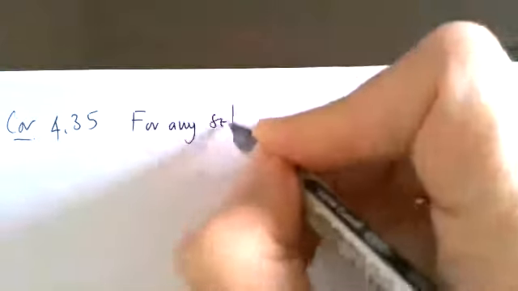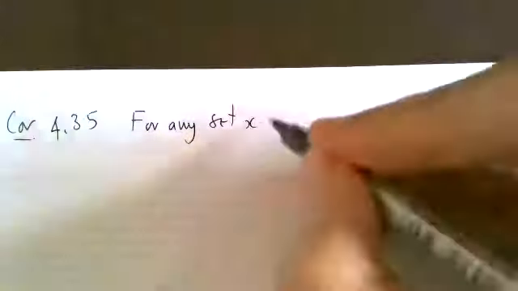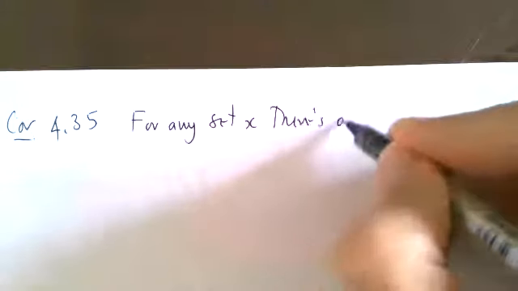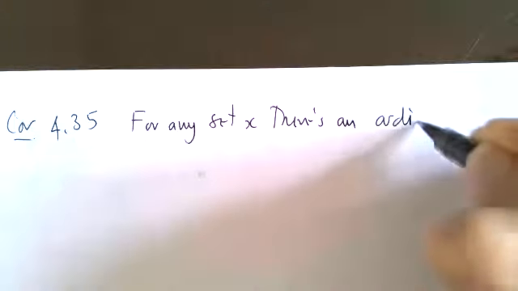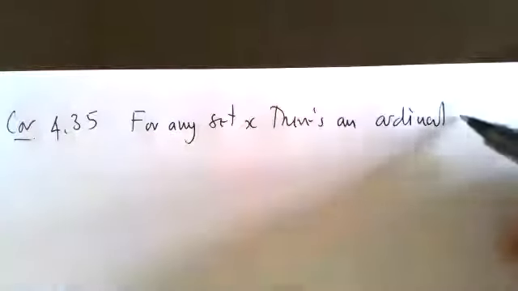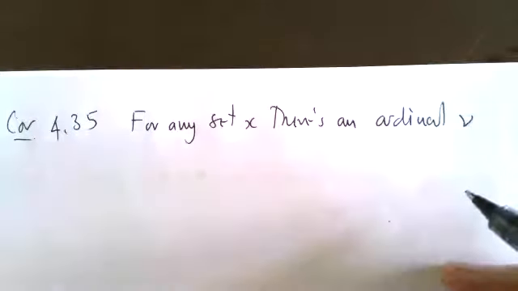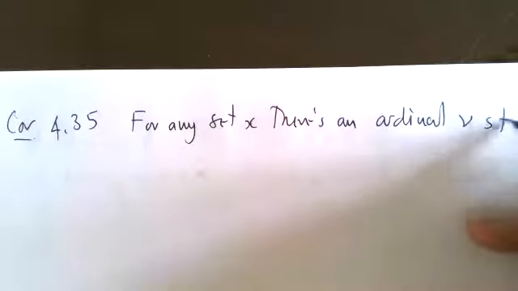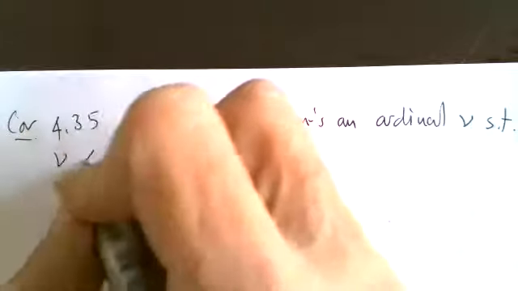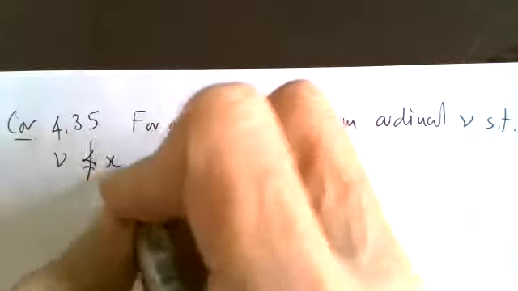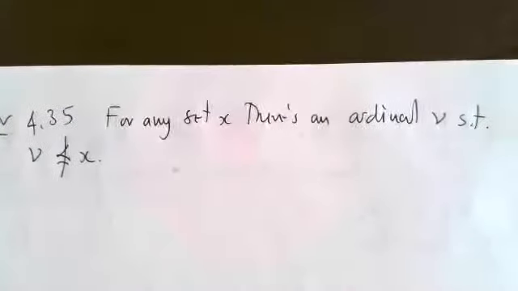So another corollary here, 435. For any set X, there's always an ordinal nu so that there is no injection from nu into X. It's just too big.